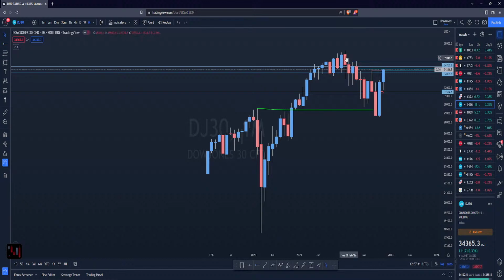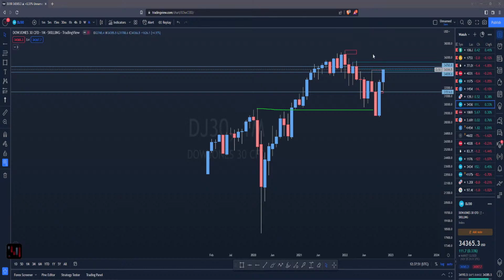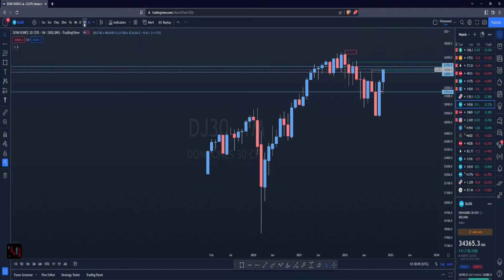Because we have that one, and of course, the last extreme zone, it's this one in there. But if price does reach all the way until here, I'm expecting a fake out of these highs. I'm expecting a fake out in there if price does reach that level, that high. But for now, this level, looking at the weekly, at the monthly, can be interesting.